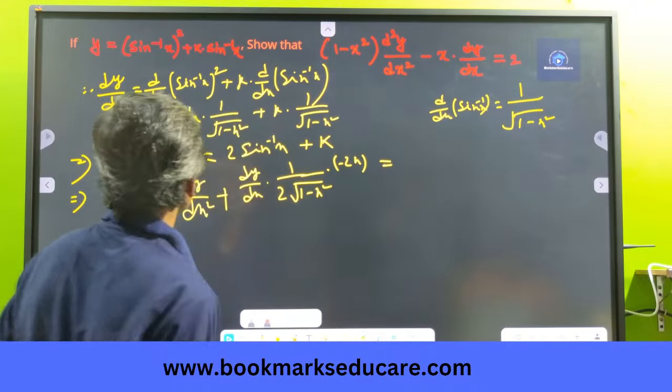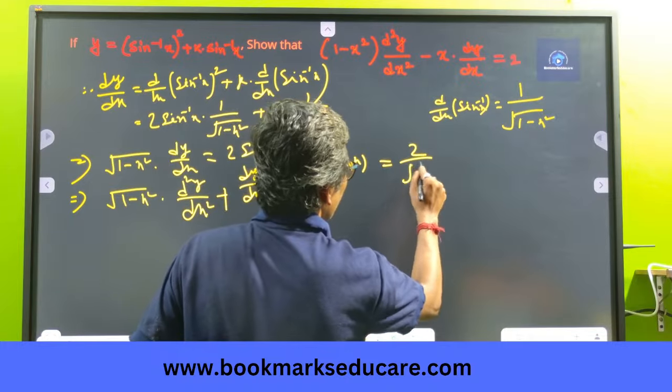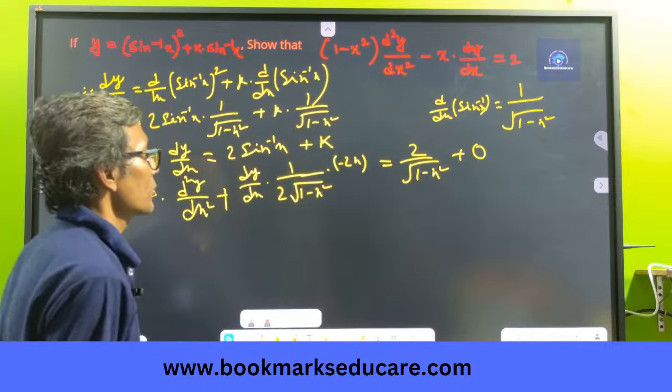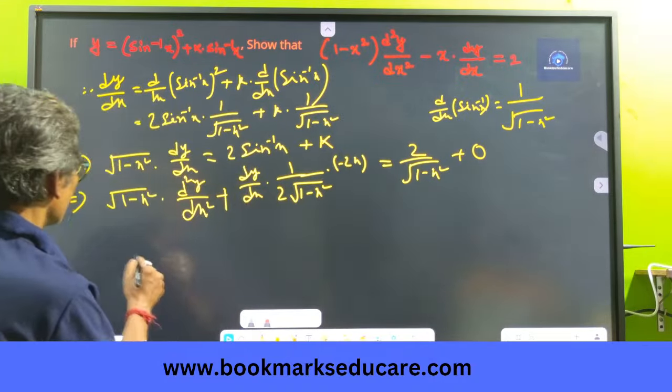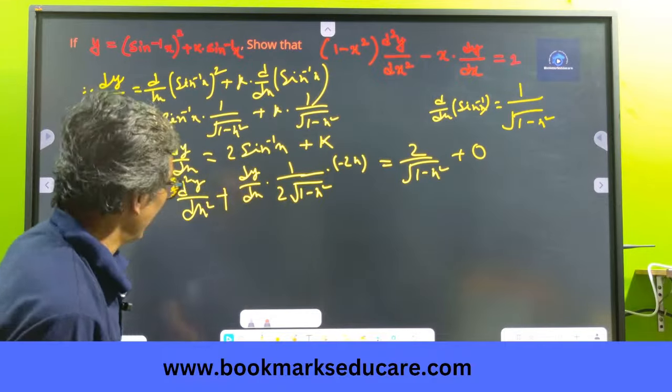Is equal to 2 by root over 1 minus x square plus 0, because k is a constant, d by dx of k means 0. So again multiplying on both sides by root over 1 minus x square.